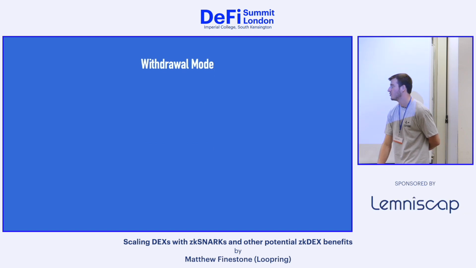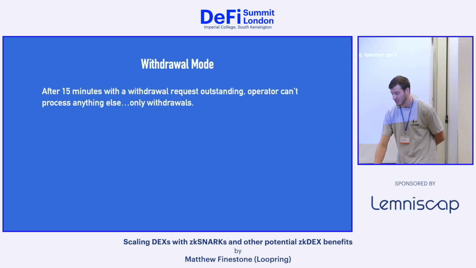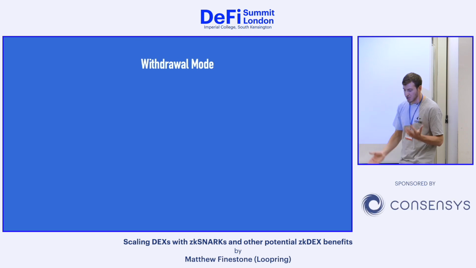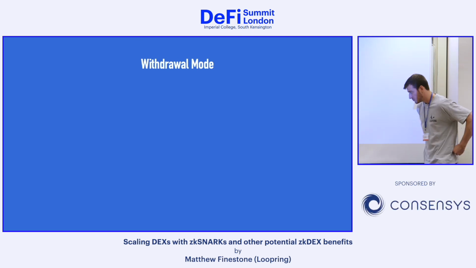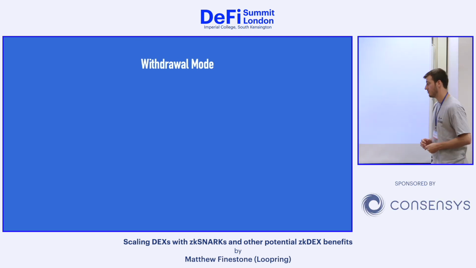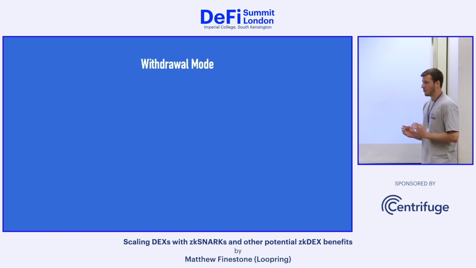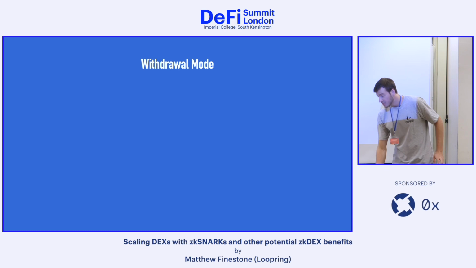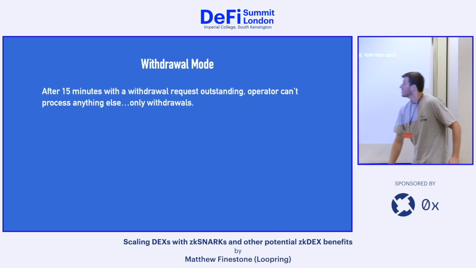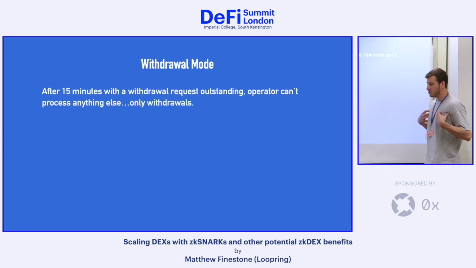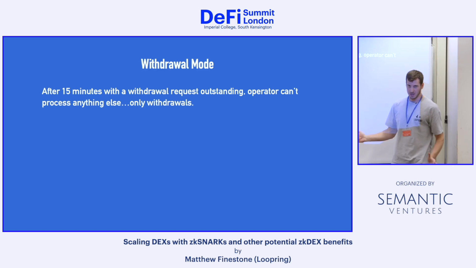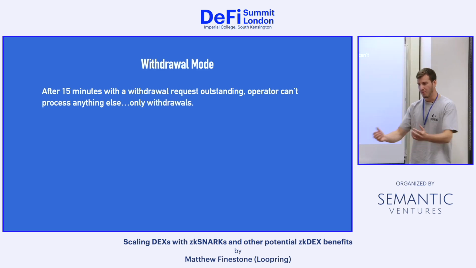Okay, now this is cool, and this is kind of what gives us the big security guarantee of version 3. Remember, we said that there was no way you could lose your funds. This is because when I, as a user, am trading on a Loopring version 3 DEX, I want my money back.